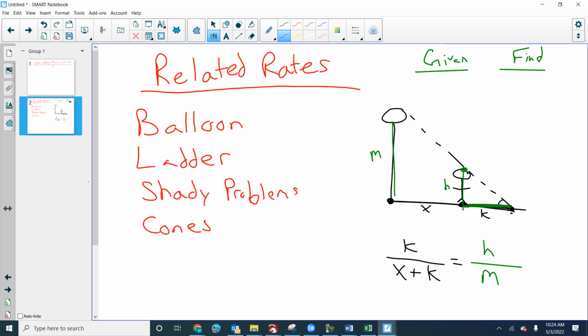A man 6 feet tall walks at a rate of 5 feet per second. What is 5 feet per second based on my picture? dx/dt. Do you agree?